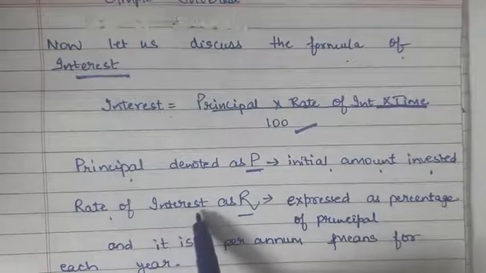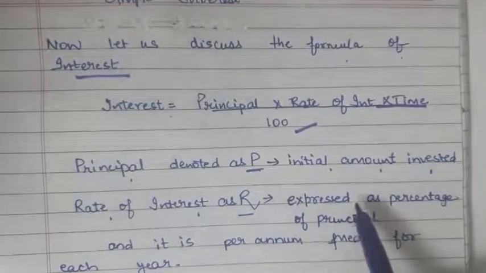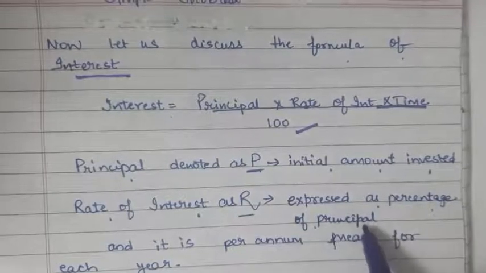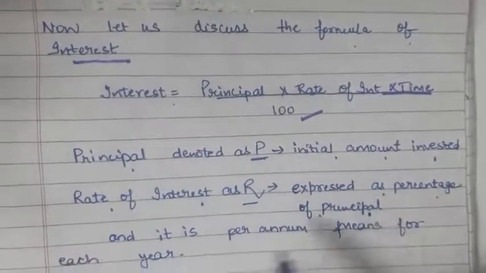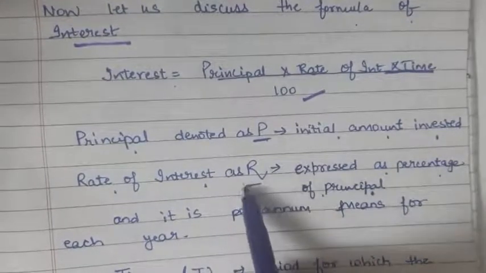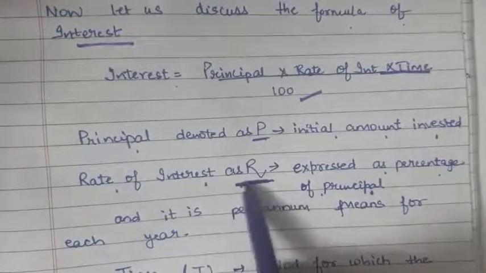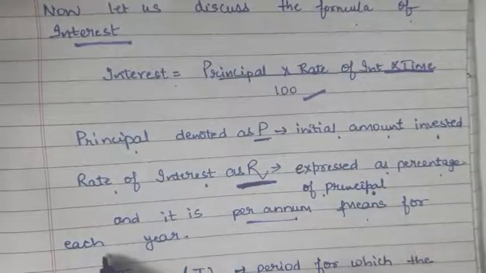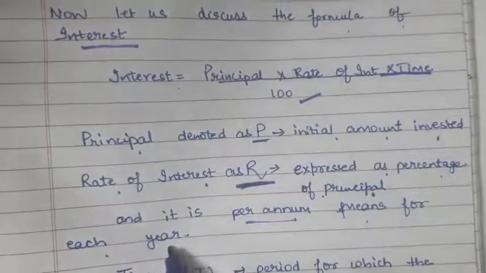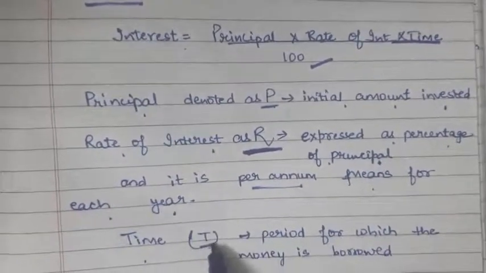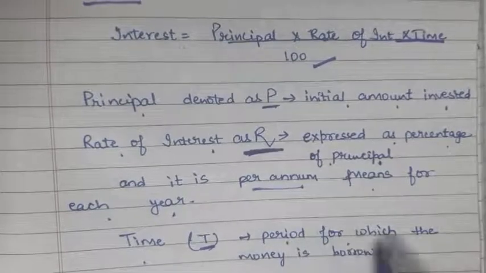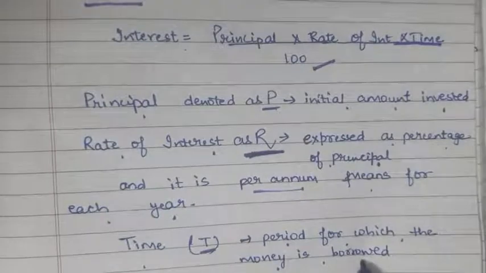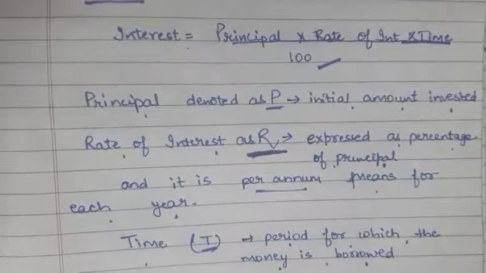R, that is rate of interest, which is expressed as a percentage of the principal. And always remember that rate of interest is per annum, that is for each year, and the time, that is the period for which the money is borrowed. Fine, children.